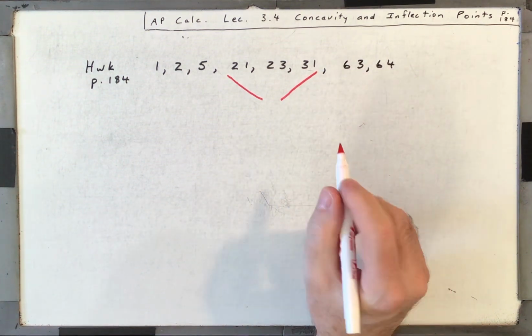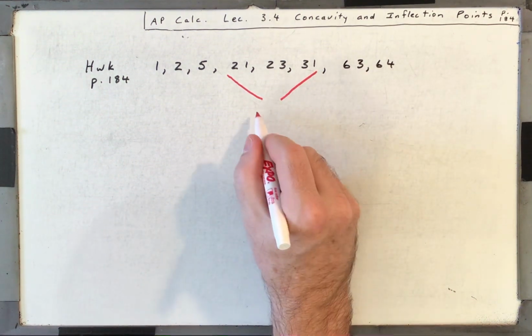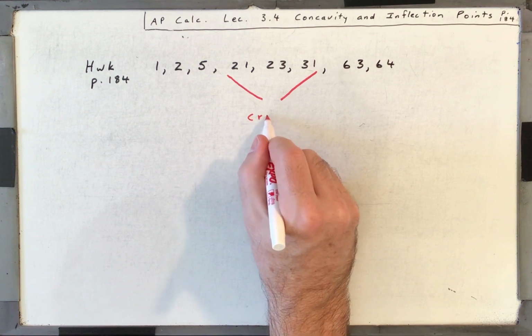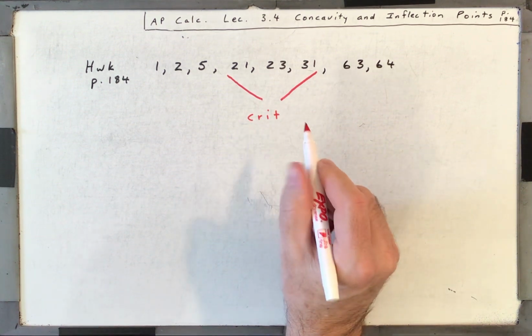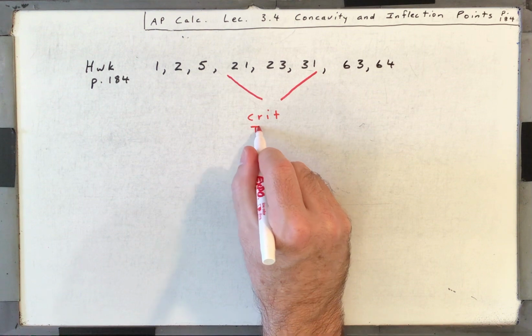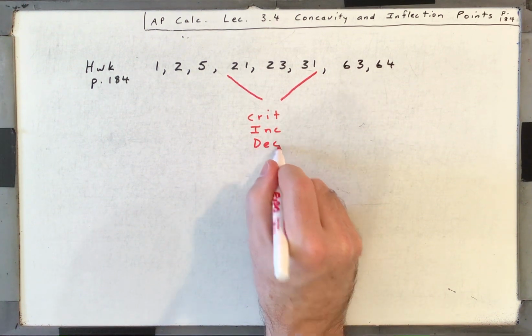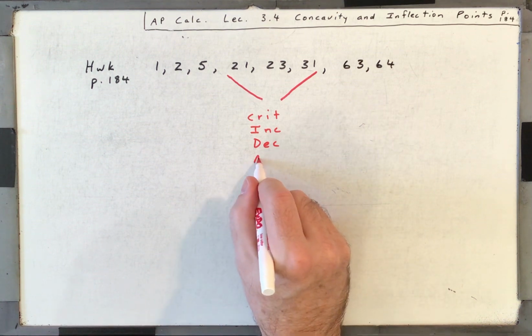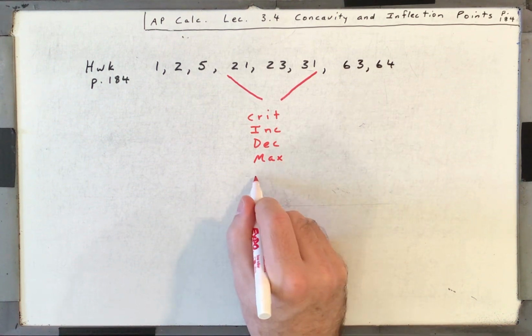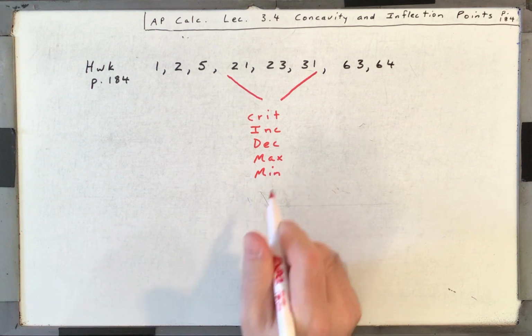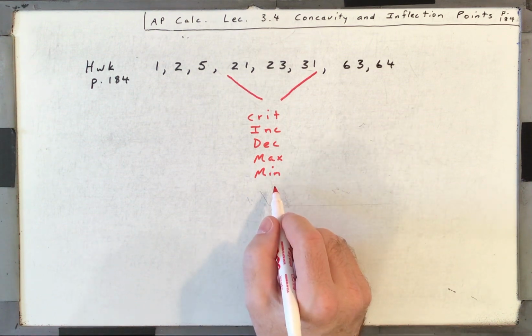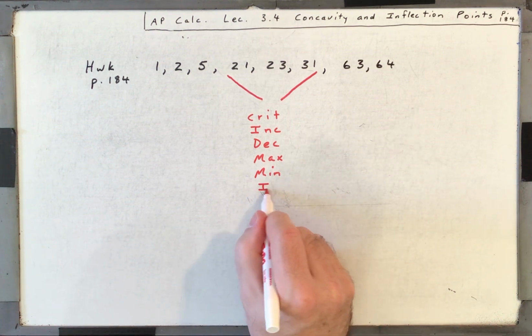23, and 31, this is what I want you to give me. Give me the critical point or points. Give me where the function is increasing, where the function is decreasing. Give me any maxes, any mins, and if there's not one, state that. Give me the inflection point.